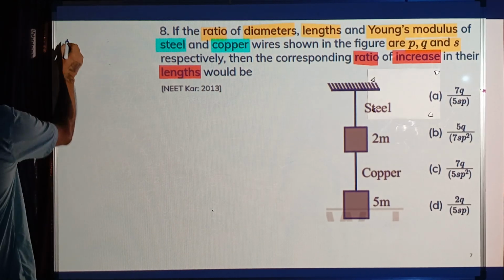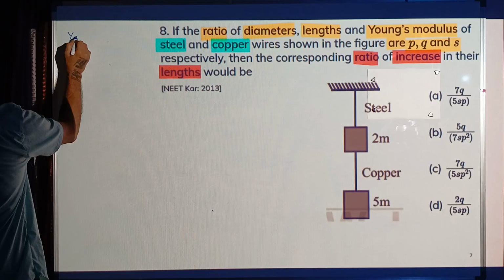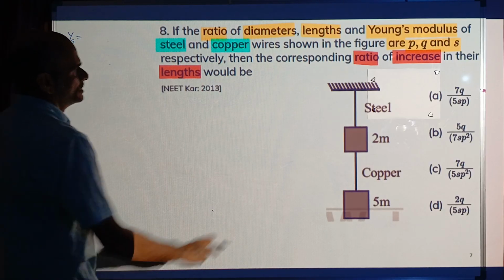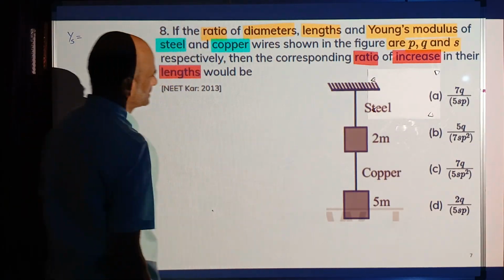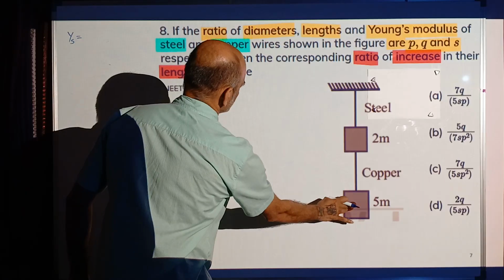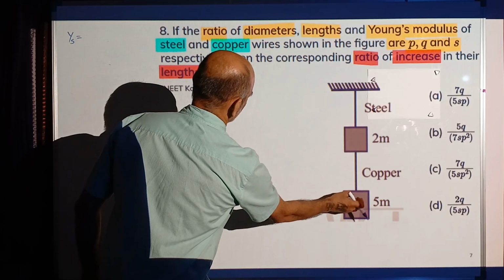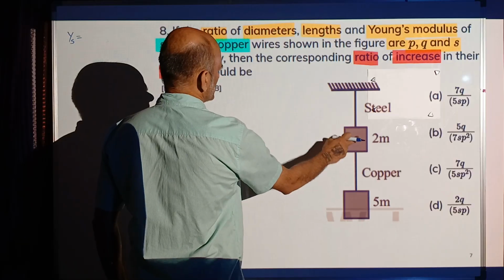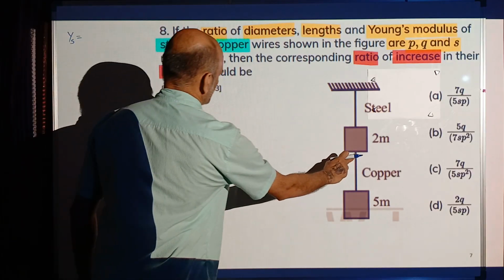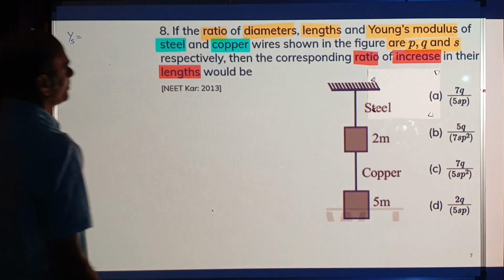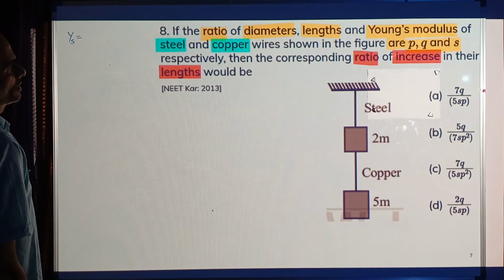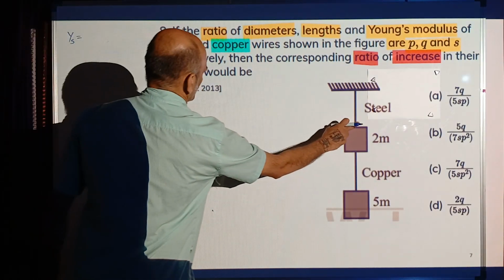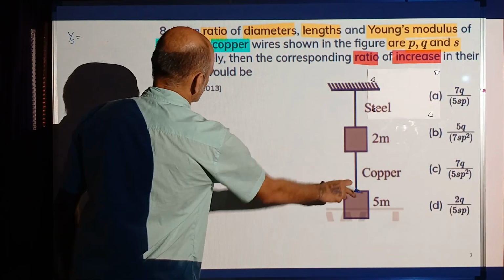So Young's modulus of steel is stress by strain. The force which is stretching this wire is this mass and also this mass, because this mass is pulling this wire, which will pull this full thing down. So the load on the steel wire is 2m plus 5m. We can neglect the mass of this copper wire, which is usually small. So the total load acting on the steel wire is 7m.